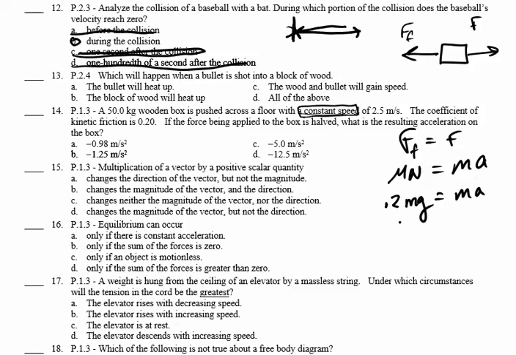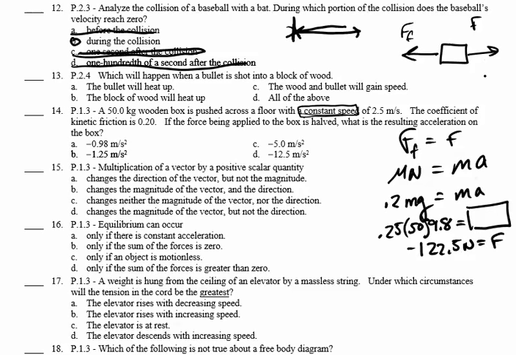M in this case is 50, so we get 0.2 times 50 times 9.8. And it's going to be negative because it's going in the opposite direction, equals, and right now all I really care about is what the force is. What we find this force to be is negative 122.5 newtons is the force that's pushing back on it and it's pushing forward.